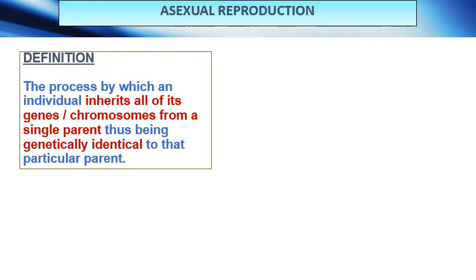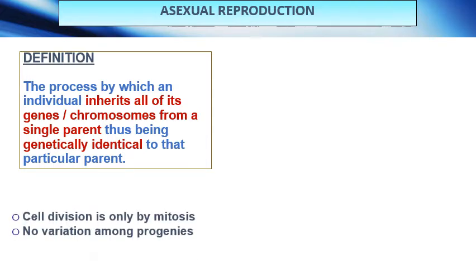Next, what is asexual reproduction? Asexual reproduction is the process by which an individual inherits all of its genes or chromosomes from a single parent, thus being genetically identical to that particular parent. Since cell division is only by mitosis, there is no variation among progenies.